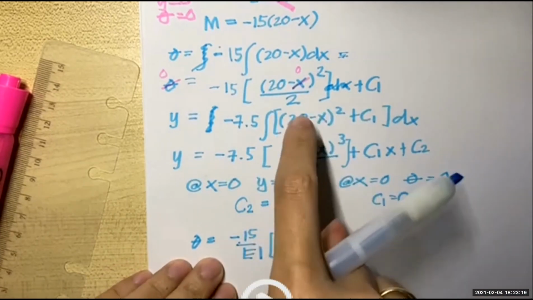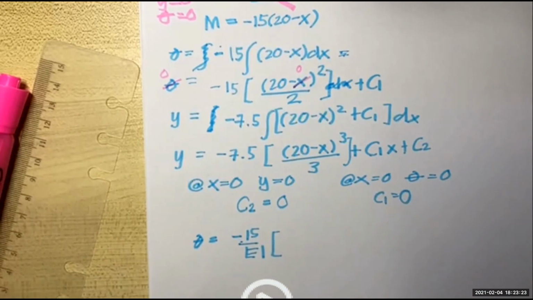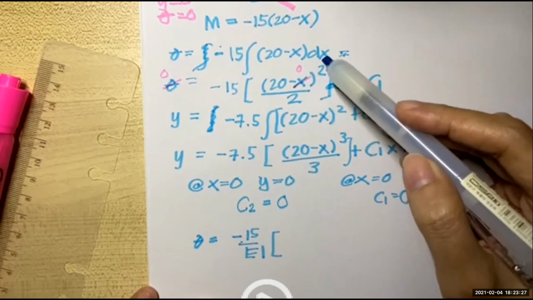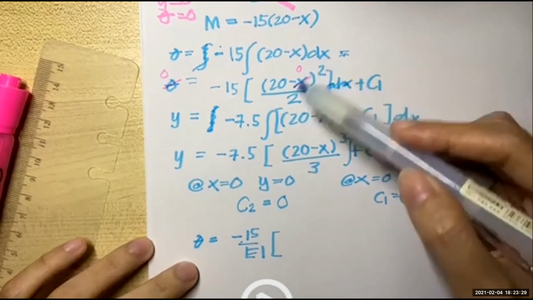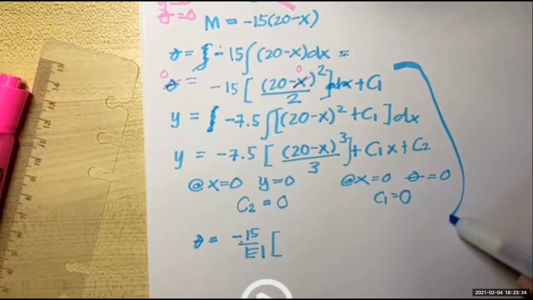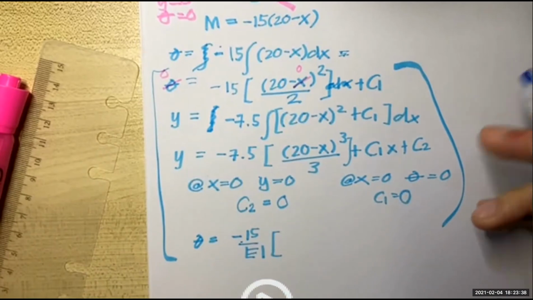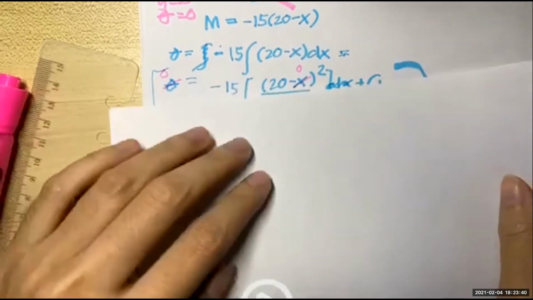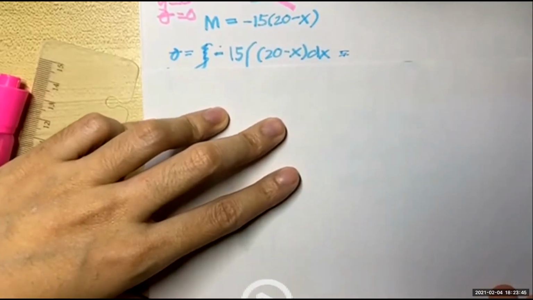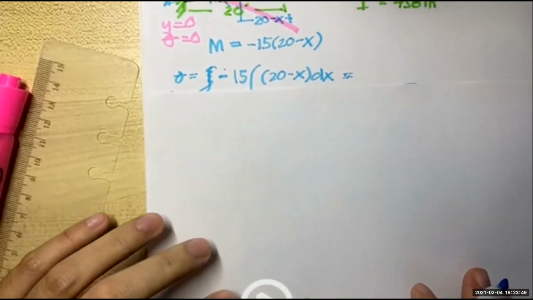Ang ginawa kong solution is yung sa shortcut, which I haven't taught yet. Hindi pwedeng ganito yung pag-integrate nito. Ay, sorry, nalito ako. Hindi pala ito shortcut. Balik ko dito. Ulitin ko na lang.